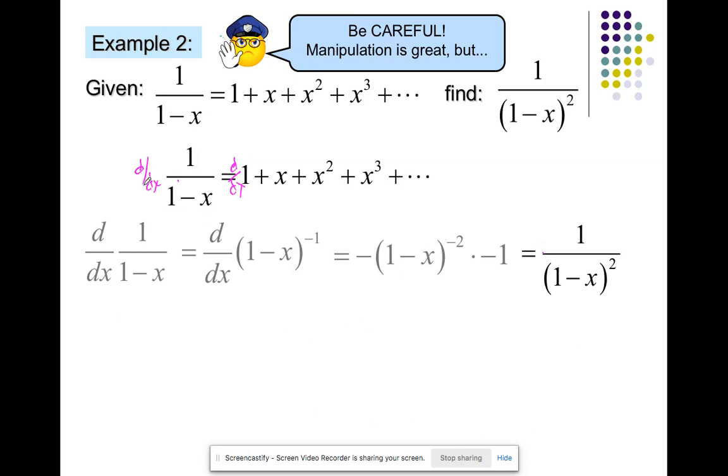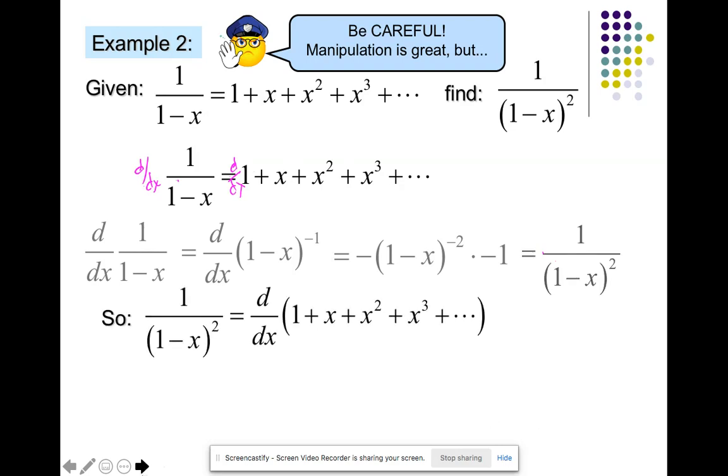The derivative of my given is equal to what I'm trying to find. So if I take the derivative of the left side and get what I'm trying to find, and I want its infinite polynomial representation, just take the derivative term by term. So the derivative of 1 over 1 minus x is equal to the derivative of its infinite polynomial representation.